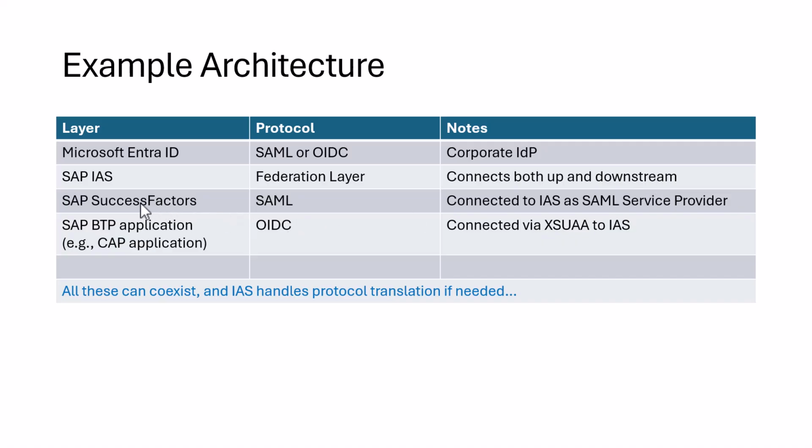Let's assume this application only wants SAML. The IAS is going to get a SAML assertion from your Entra ID and pass it along to SAP SuccessFactors. But let's say you have a BTP application that requires OpenID Connect. Then the IAS is going to take the same SAML assertion, do a protocol translation, and send this OpenID token to the BTP application.